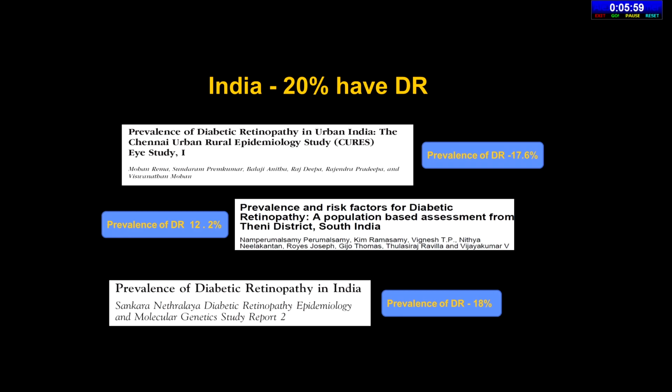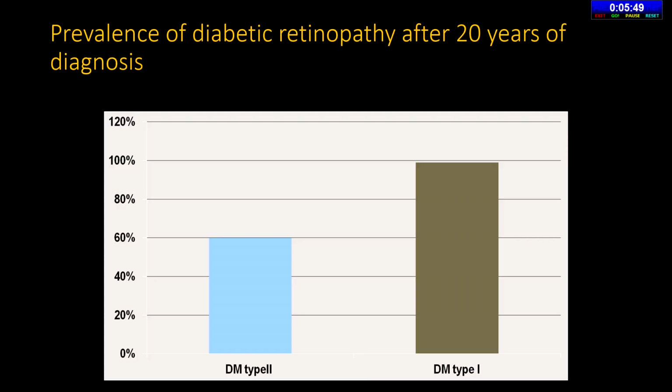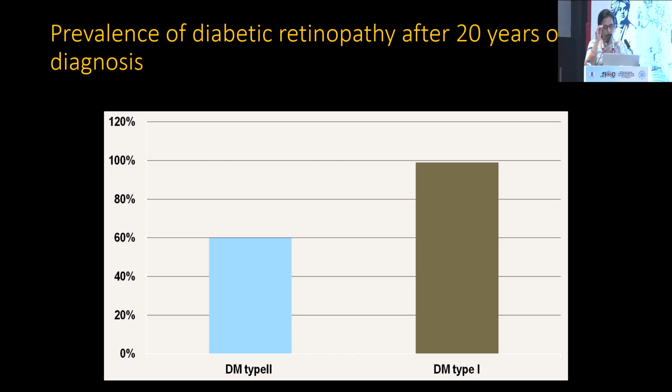Now, if you go by statistics in India, the prevalence would be around 20% of diabetic patients having diabetic retinopathy. And after a patient has diabetes for 20 years, a type 1 diabetic would have almost 99 to 100% chance of having some amount of diabetic retinopathy, and in type 2 it would be 60%, 20 years down the line.